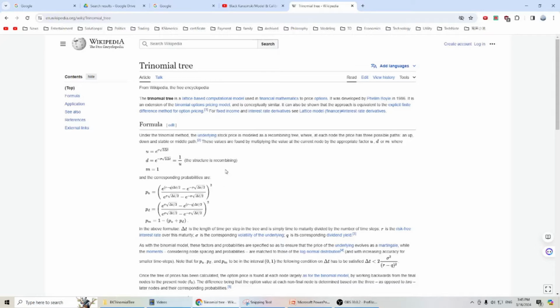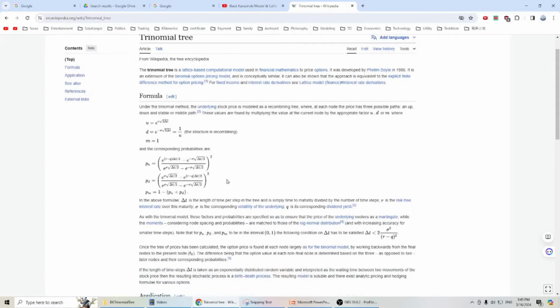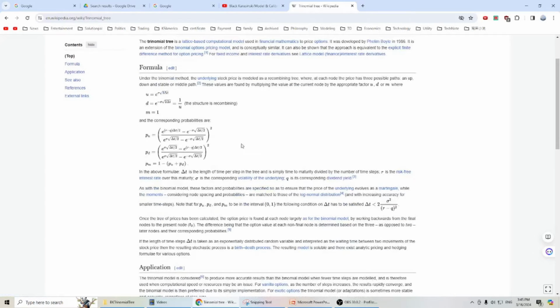If you take a look at the formula, this q is the dividend yield. Because we are talking about interest rate movement, we don't have any dividend concept here. You see, q is its corresponding dividend yield. And also, there are certain restrictions for this one.